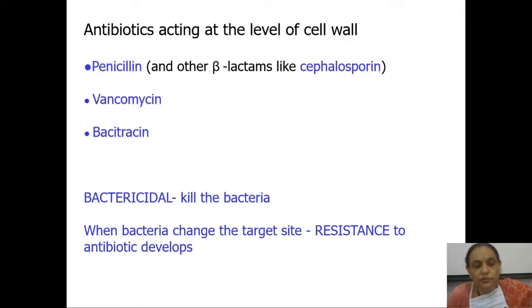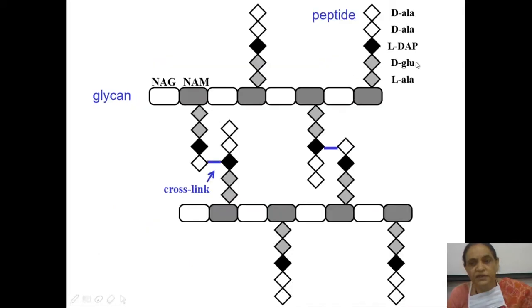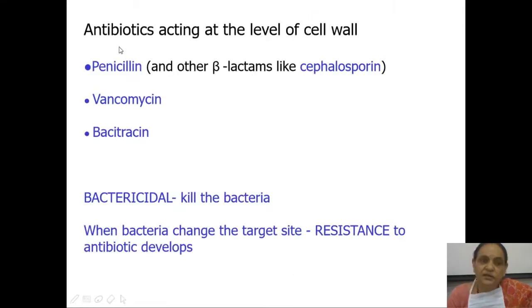And then one important thing is, now bacteria are also becoming smart. They change the structure a little bit. They can replace one of these with another component, another peptide, and what happens? Resistance to antibiotics develops, and that is how they become resistant to penicillins, vancomycins, bacitracins.